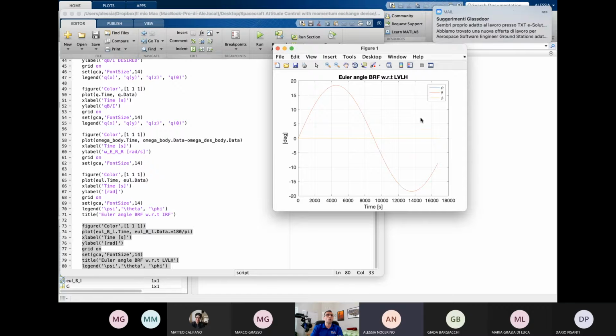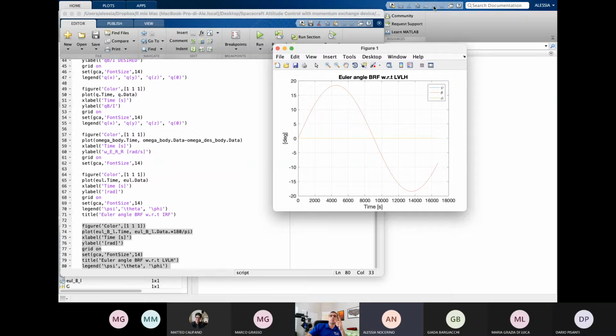Yes. Okay. So sorry, Professor. The initial condition should be not perfectly, I mean, the angular velocity should not be perfectly the one of the LVLH. So I think what she has is the 0.9.